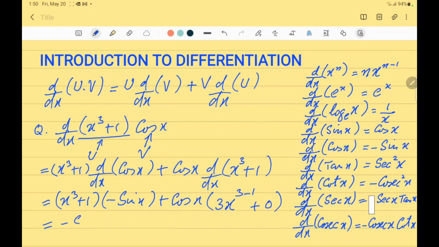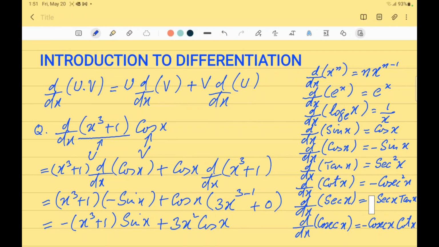So we will have minus x cube plus 1 into sin x plus 3x squared multiplied by cos x, and this is our final answer of this question.